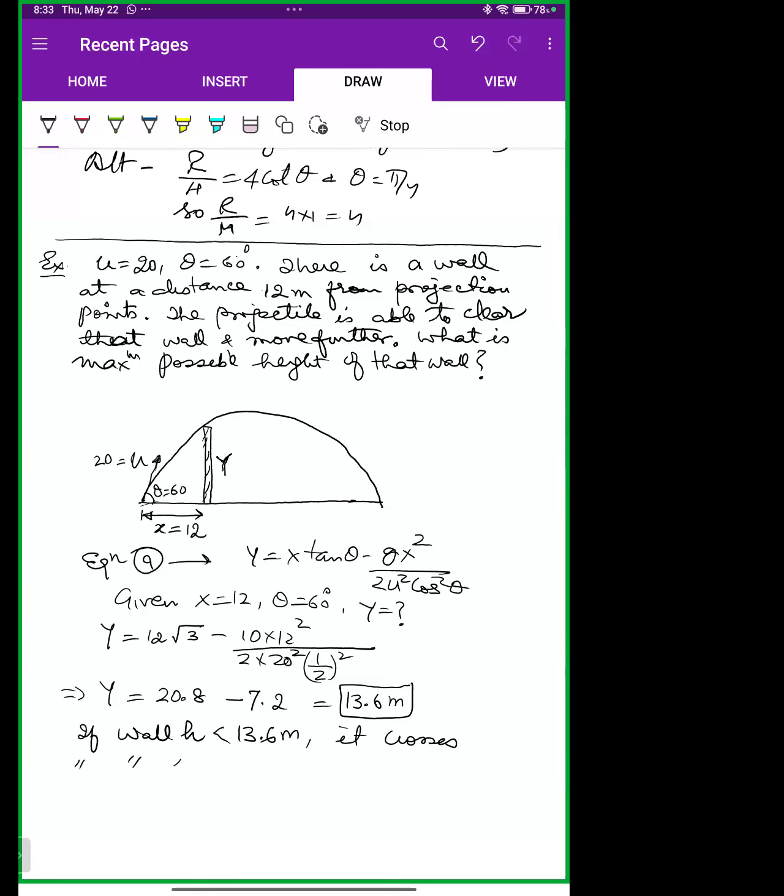If wall H is greater than 13.6, no crossing. It will collide with the wall. If H is equal to 13.6, it may collide with the wall. On some small here and there, it may collide, it may not collide, it may just scrape. Okay.